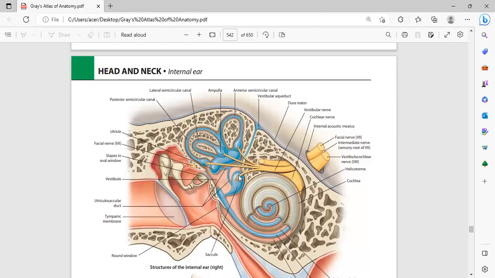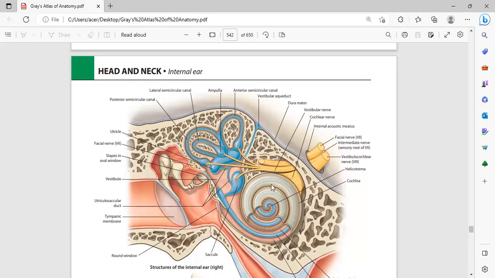The superior vestibular nerve will supply the anterior semicircular canal and the lateral semicircular canal, while the inferior will supply the posterior semicircular canal. Okay, so that's about the semicircular canal.